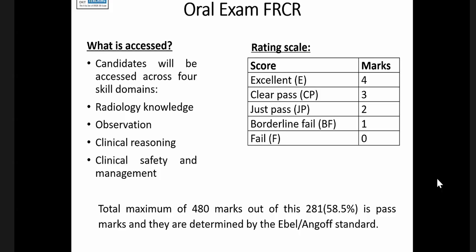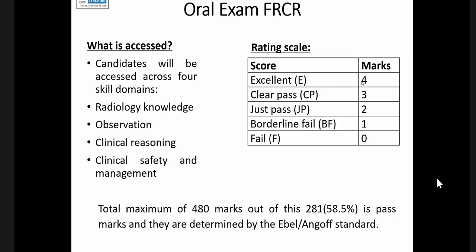Whatever I'm showing you here is available on the RCR website, and they have given a breakup of what exactly excellent means and what exactly clear pass means. It's a good idea to go through it.